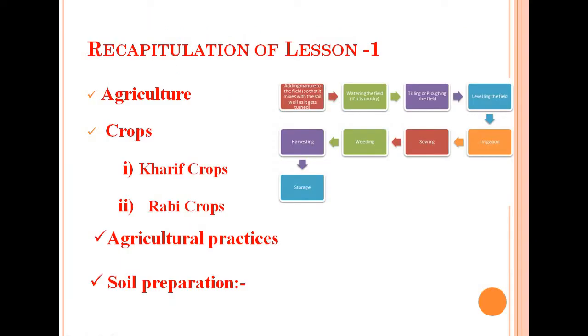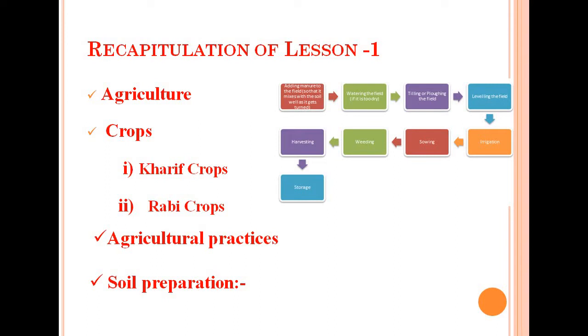In lesson 1 we came to know about agriculture: growing plants and rearing animals for food, clothing and other useful products is called agriculture.